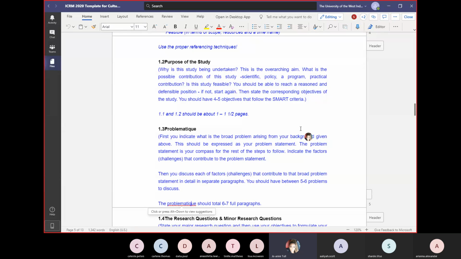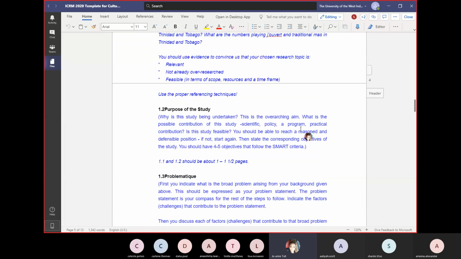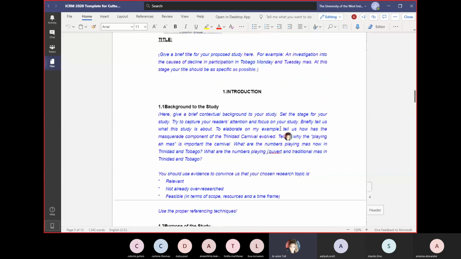Sure. So remember now, we just went through the first part, which was the, scroll back up for me, please, Aaliyah. Right, the background to the study. And I already established to you that we are pulling that information from our first worksheet. And I used an example to show you based on Celeste and Suzette's worksheet 1. Correct so far?